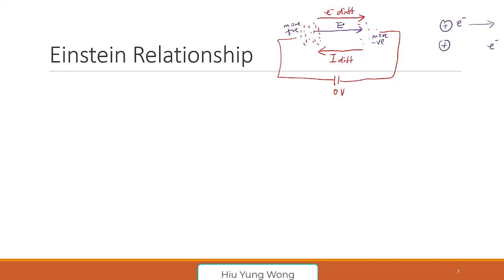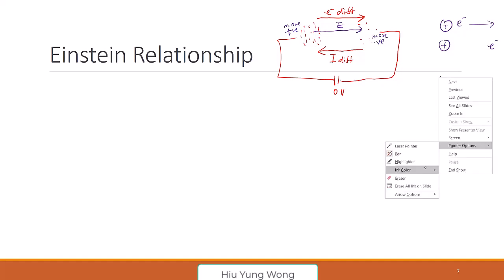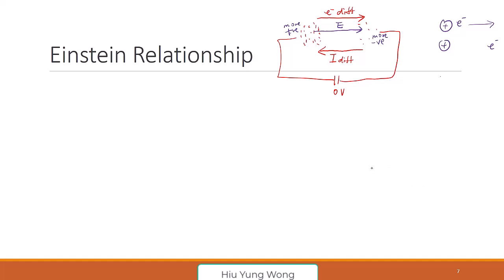Then what happened? Electrons under this electric field will try to go left or go right? It would drift to the left. Drift to the left because electrons feel the electric field. And that means I have another current going to the right due to drift.